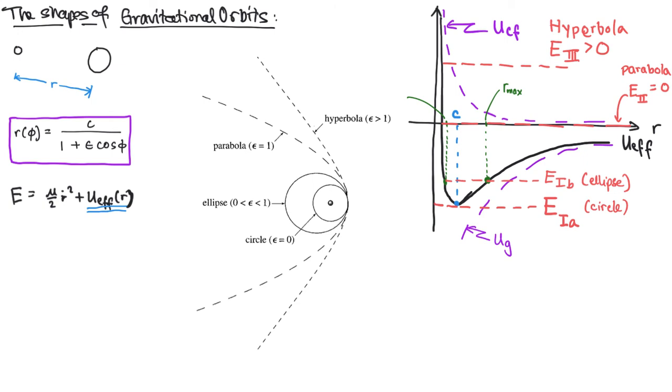For both the circle and the ellipse, the energy is less than 0. For the parabola, the energy is equal to 0, and for the hyperbola, the energy is bigger than 0. For the ellipse and the circle, the motion is bound. For the parabola and the hyperbola, the motion is unbound.